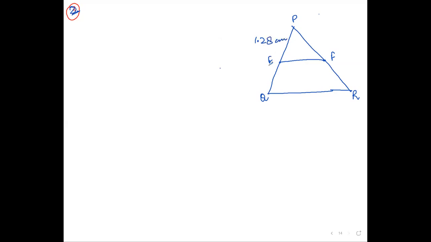I don't want the exact answer, because my job is not to assess whether you are right or wrong. My job is to make you learn, right? Yes, ma'am. So what is given? PQ is 1.28 centimeter and PR is 2.56 centimeter.